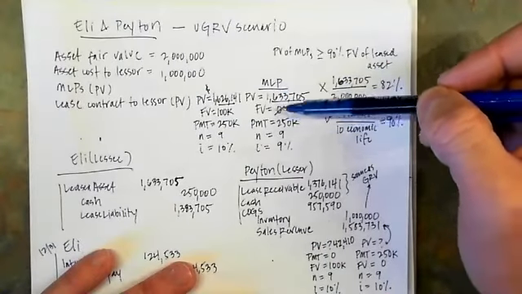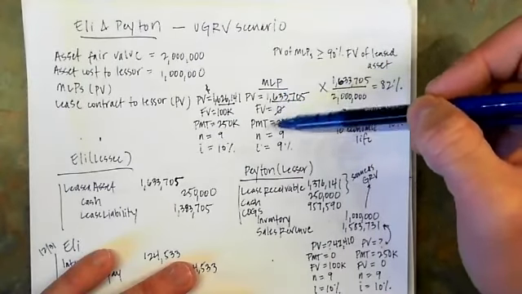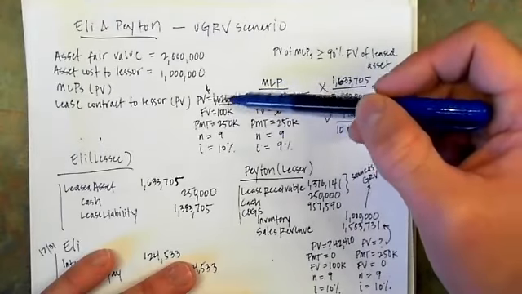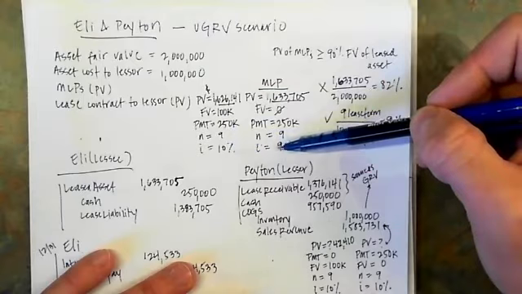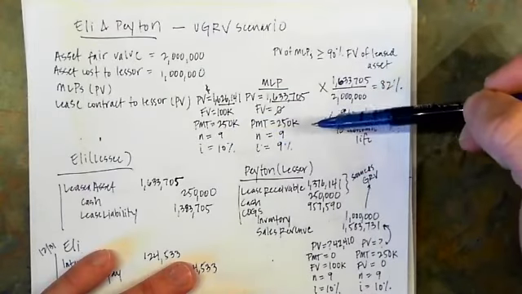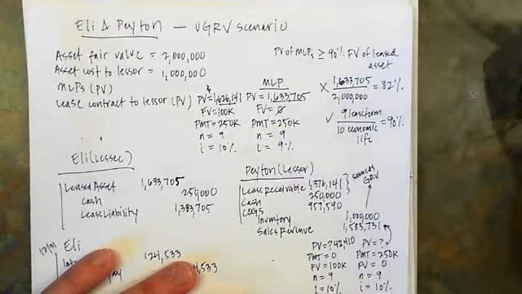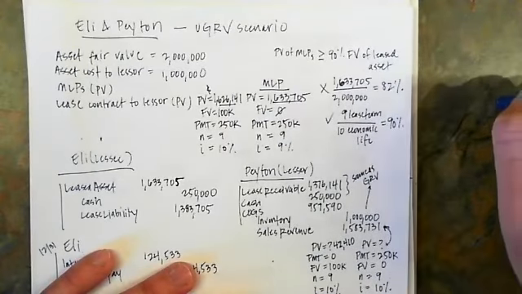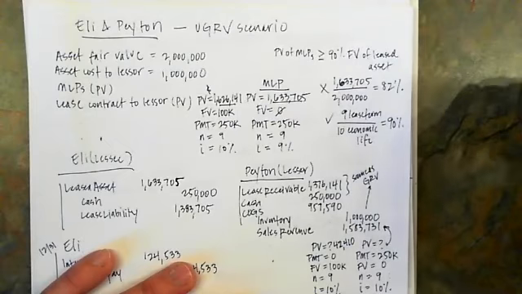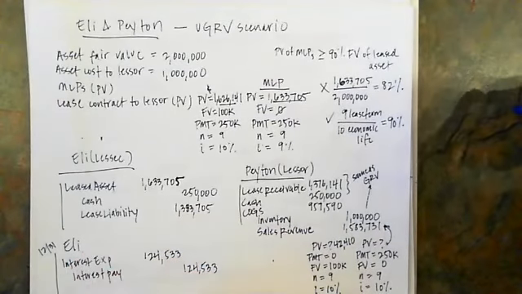And unless there's a UGRV, the present value of the MLPs will be the same as the present value to the lessor as long as the interest rates are the same. Look at what changes values. Look at what the lessee reports, but the lessor won't report. Once you see the differences between the two, you can start making some patterns. It'll make your life a lot easier.